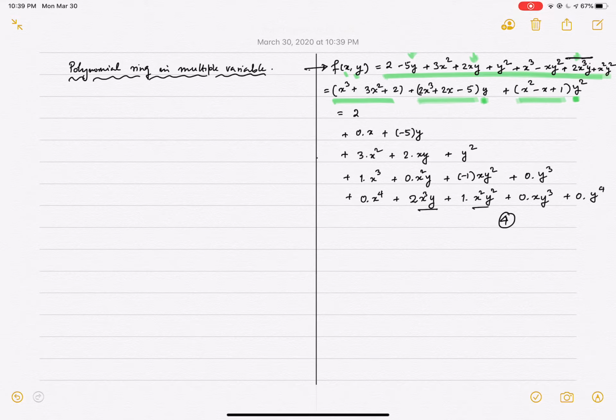So let's talk about polynomial rings in multiple variables just for a little bit. We'll need this not for too many things, but for now we just need this to give some rather non-trivial examples of maximal ideals and prime ideals, which will be the next topic that we study.